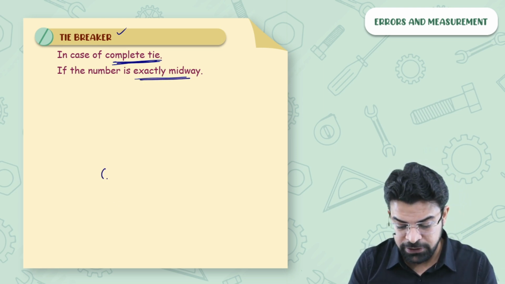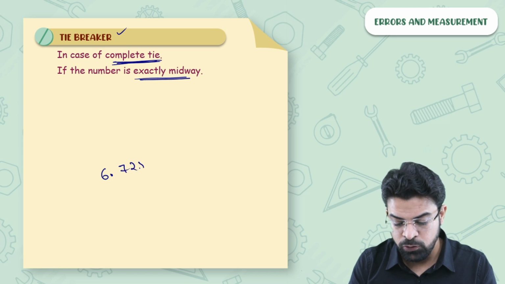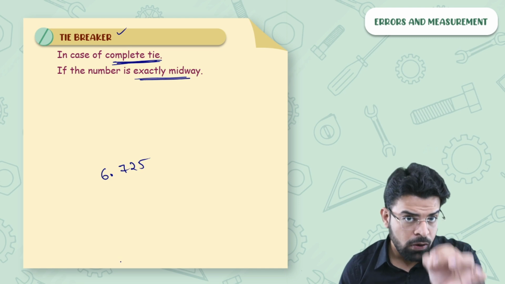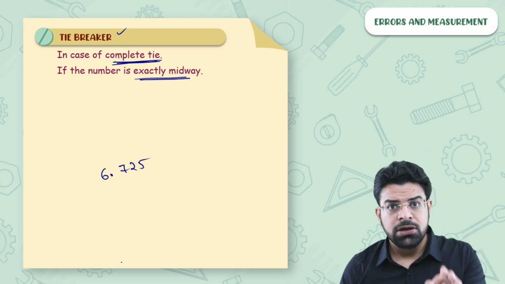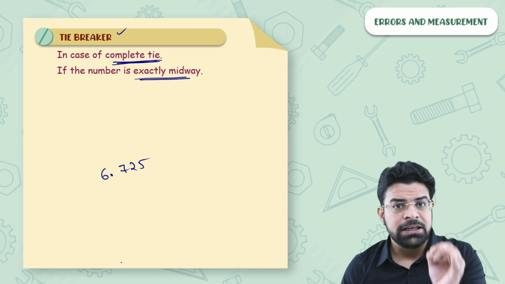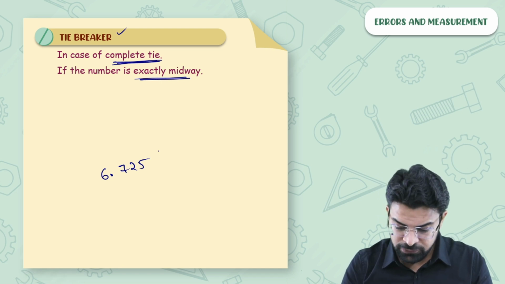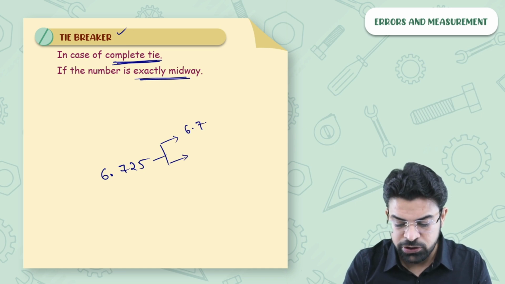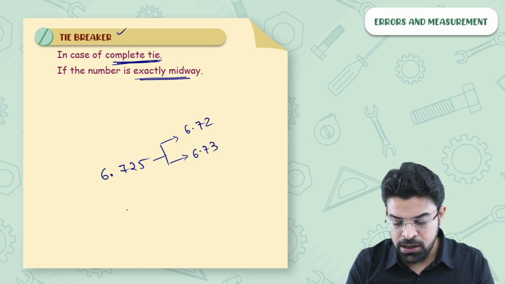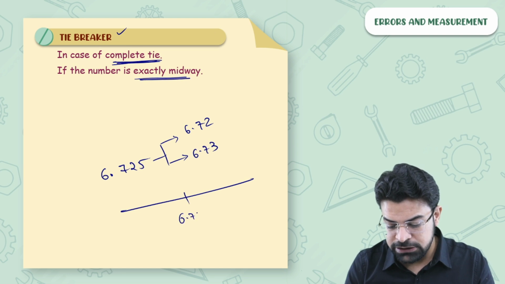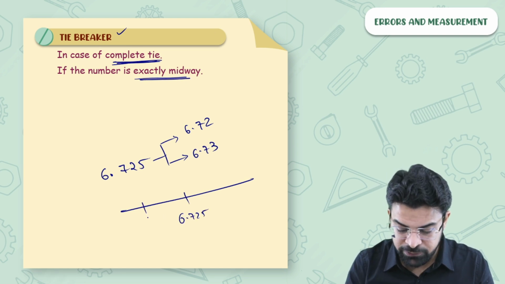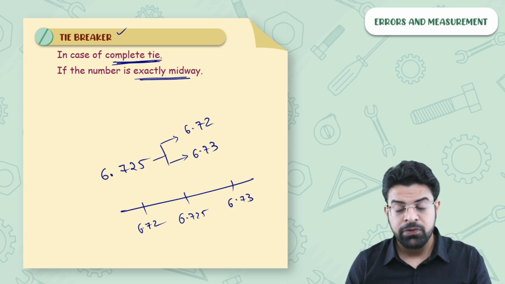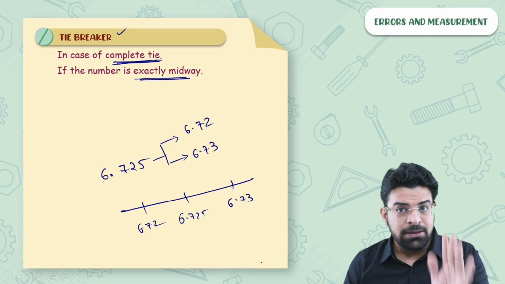For example, if I give you 6.725 and ask you to round it off to the nearest number up to two places after the decimal, you will say, sir, 6.725 is exactly midway between 6.72 and 6.73. As 6.725 is exactly midway between 6.72 and 6.73, it's a tie. Now I don't know which side this number should go.